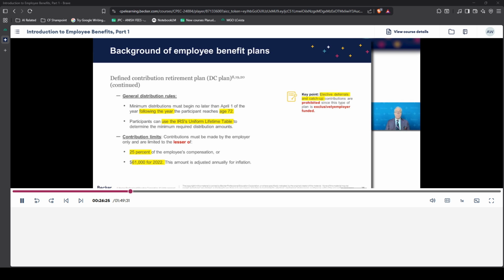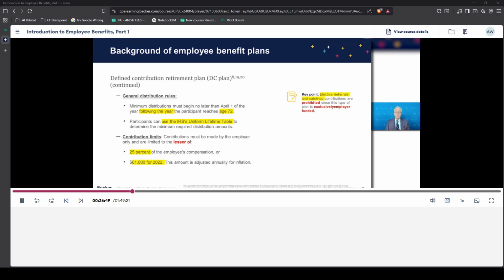We go and look at the actuarial table, and hypothetically it says I've got 240 months to live. In other words, 20 years. Well, then I would take the amount that's in there, divide it by 20, and I'd have to take that amount out. And that would, of course, be taxable. The next year I take the balance that's still there, divide it by 19, and take it out.